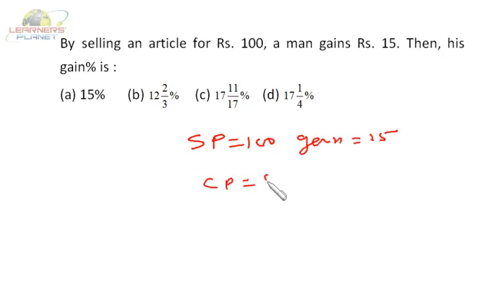That means cost price is 85. Okay. Now what will be gain percent? That is gain over cost price into 100. Okay. Now it is 5 3s are 15, 5 17s are 85. That means 300 by 17. Which must be this, since we are having 17 in the denominator, which is there only in this option. Okay. I hope you are clear.